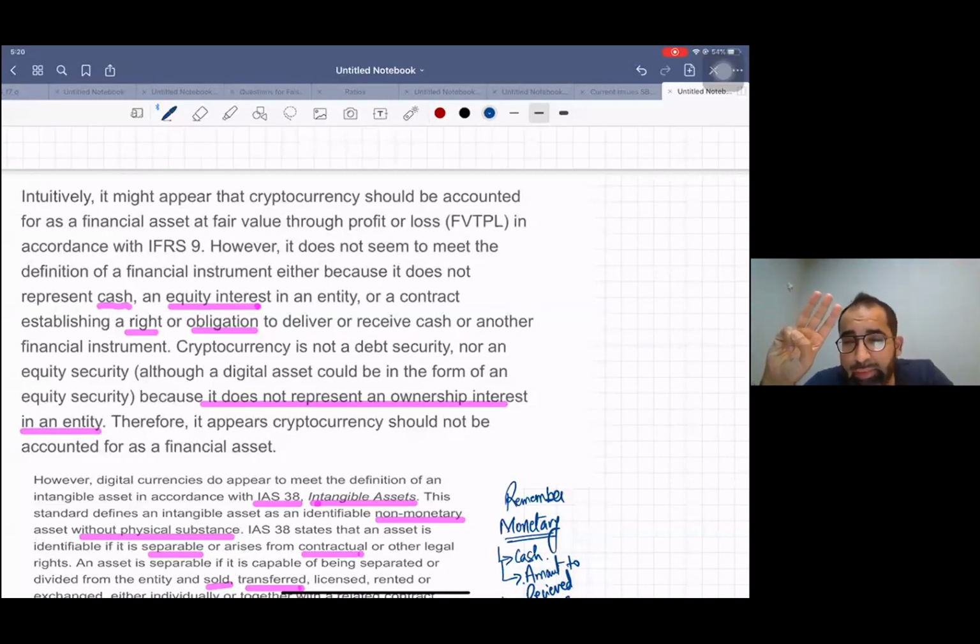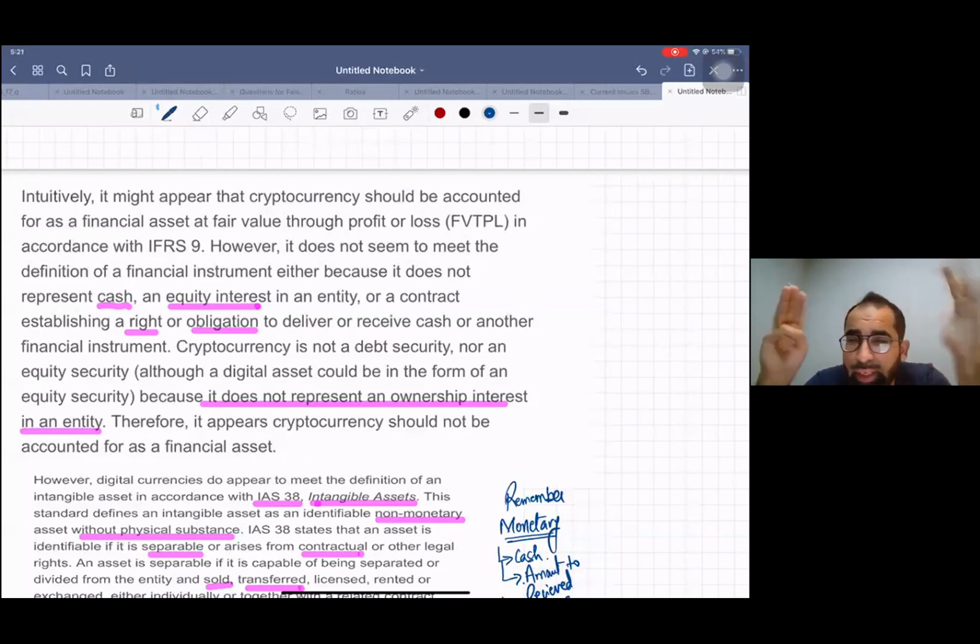And the third major definition of financial instrument is equity instruments of other entity. Do you think that the cryptocurrency is the equity instrument of another entity? No, not at all.